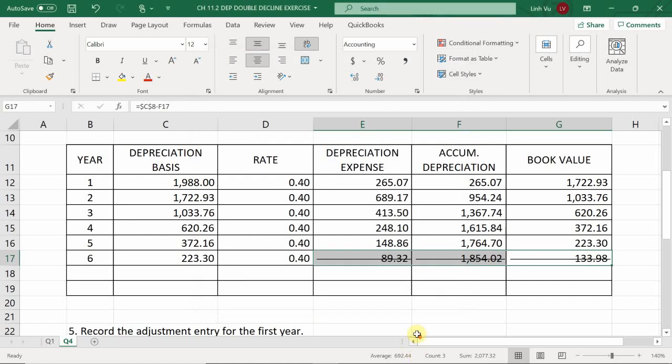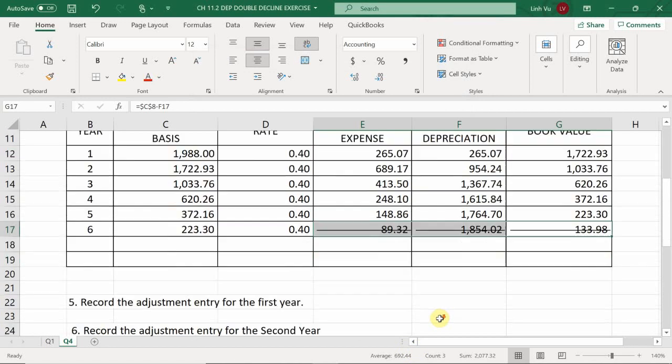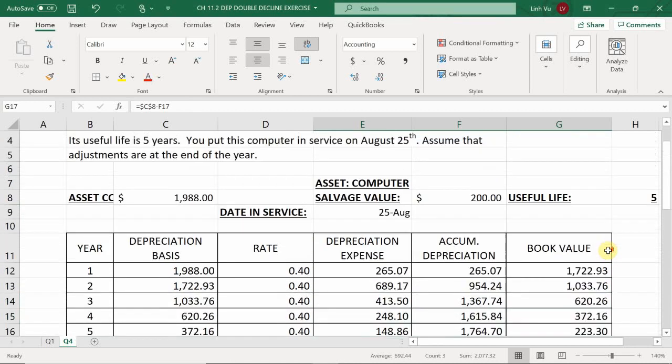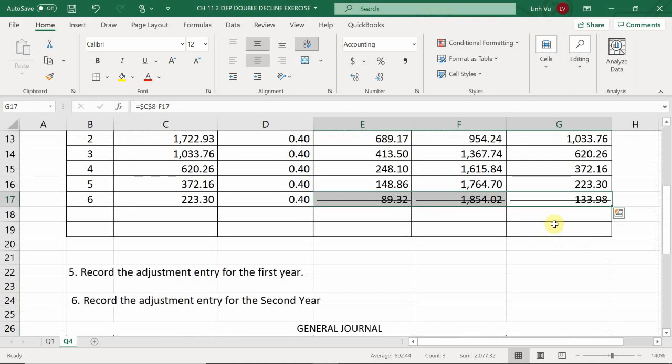What is my book value supposed to be at the end of the 6th year? 200. It needs to be 200.